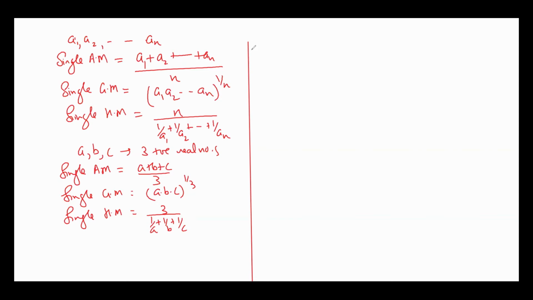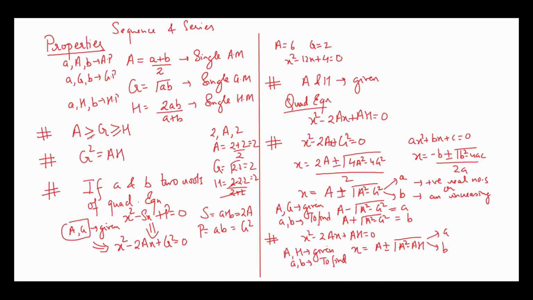So now I'm using the first property. If my question is to find the maximum or minimum value, or if you have greater than or less than sign in the options, then that question is of this first property, that A is greater than G greater than H. Now what type of question do you get?